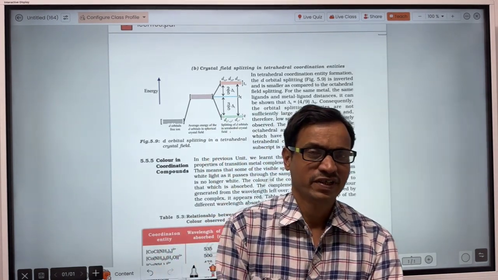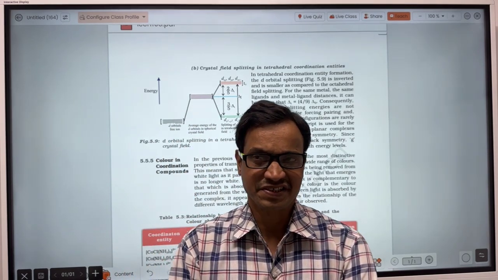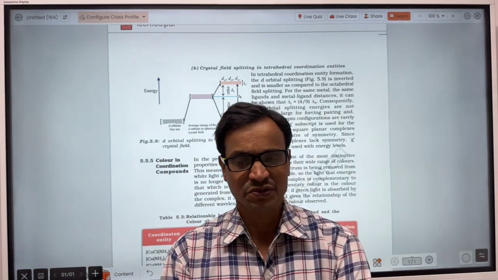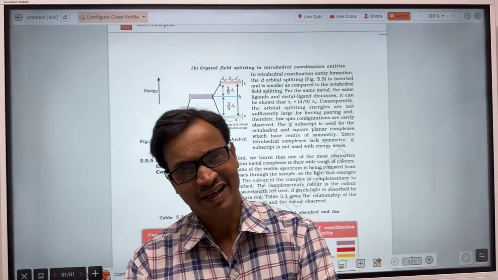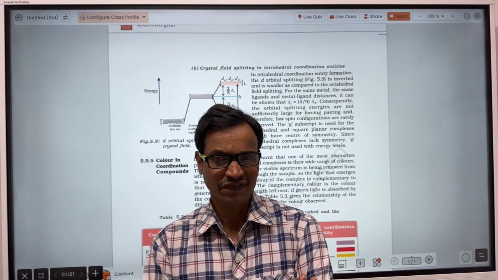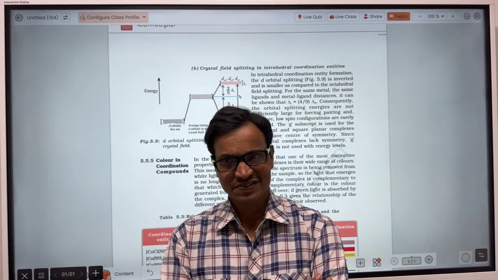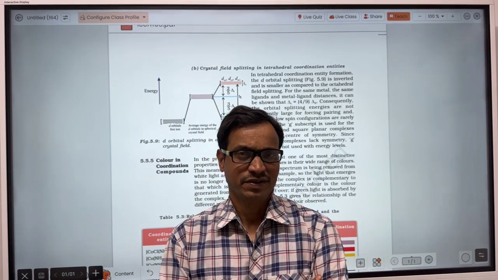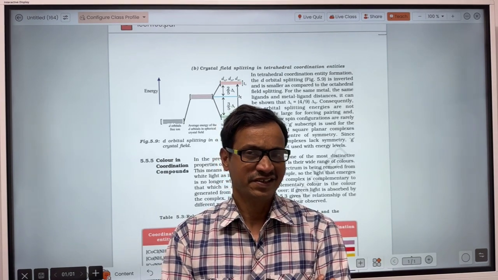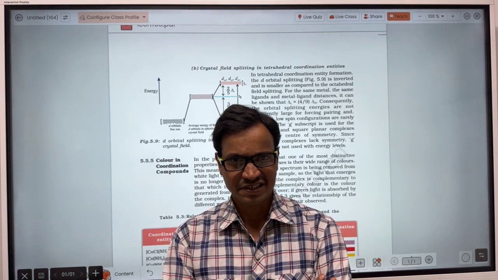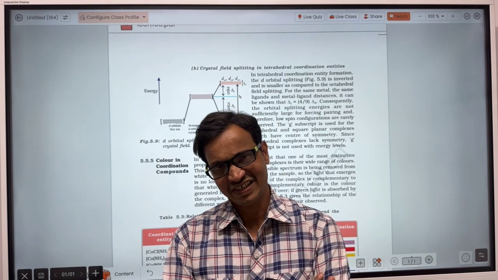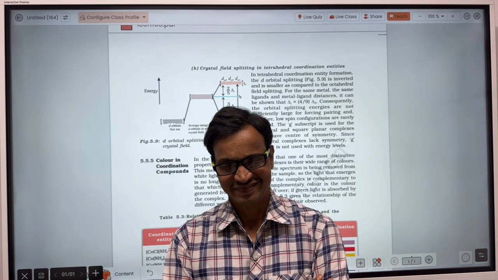The energy of T2g was decreasing by 2 by 5 delta O, and the energy of dx square minus y square and dz square, that is the Eg energy level, was increasing by 3 by 5 delta O.